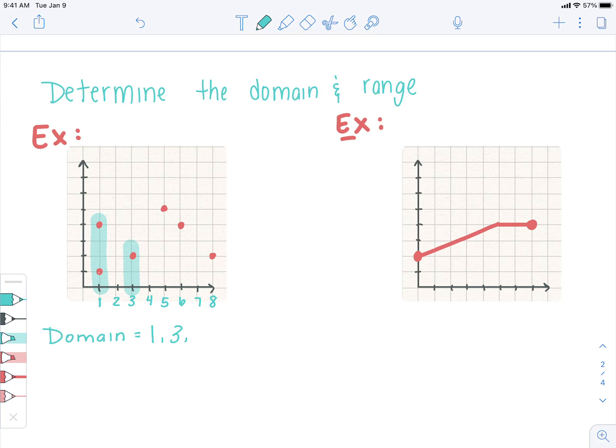So I'm going to include 3. There's nothing at 4, but I do have a point at 5. I have another point at 6. 7, there's nothing. But then 8, I do have a point. So 8's going to be in my domain too.